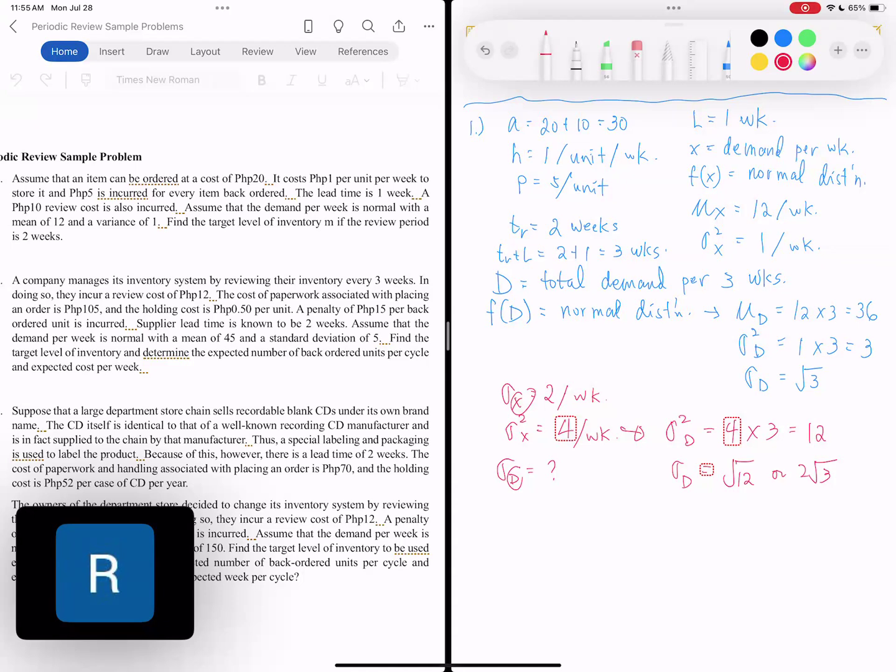Before I proceed, I need this to be clear so there is no confusion in the exam, if ever the probability distribution is normal. Is it clear? Yes, sir. One person answered it's clear. Are there others?